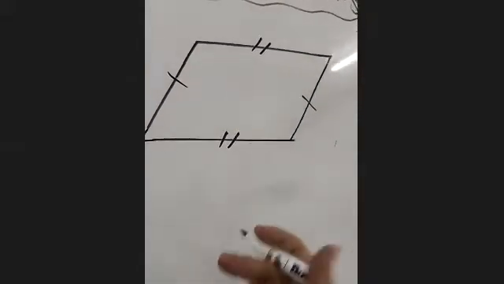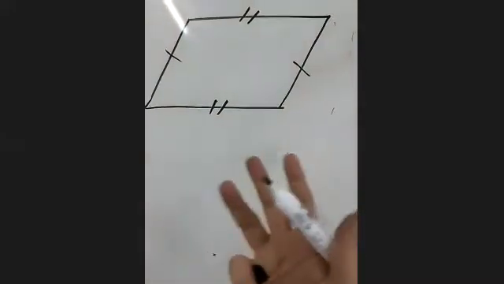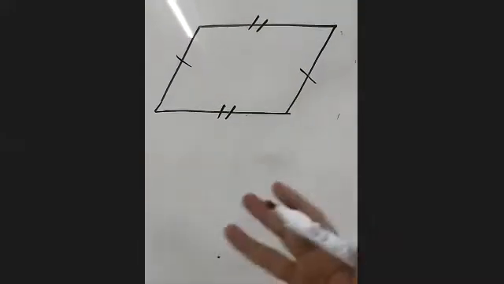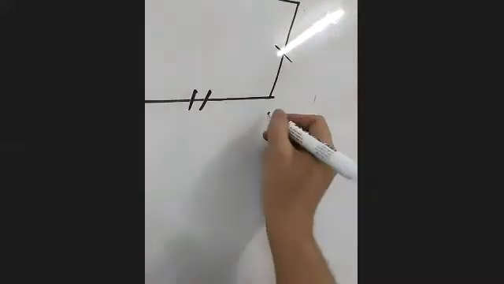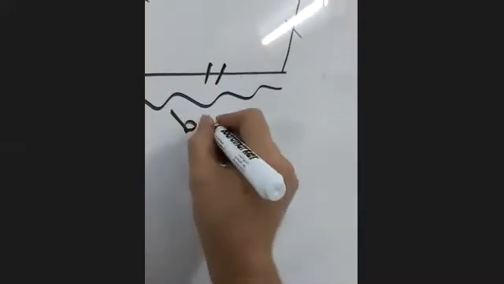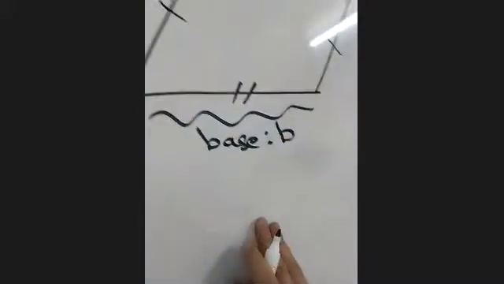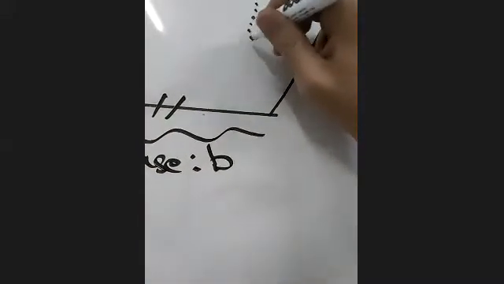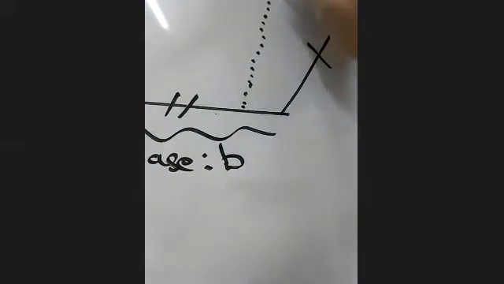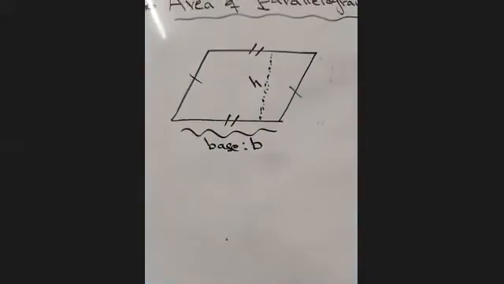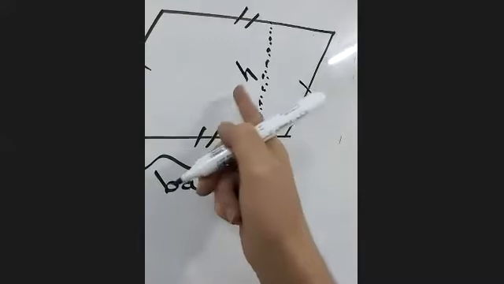Now, in the parallelogram, we have two dimensions we need to find its area. We need the base. This we call base, and we will symbolize it by B. And this distance here, guys, we will call it H. And what's the H, guys?